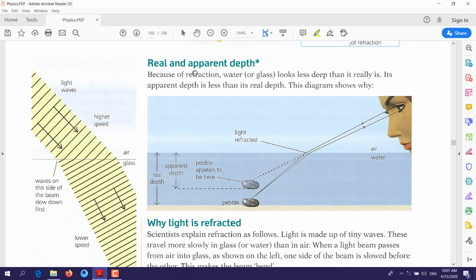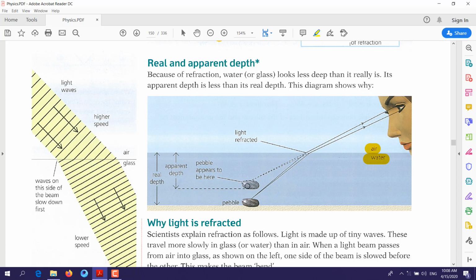Real and apparent depth. If you look at this drawing, you will see here we have this pebble, this stone. Here this is water. Focus on this water and air. When you look at it, you will see the position of it.